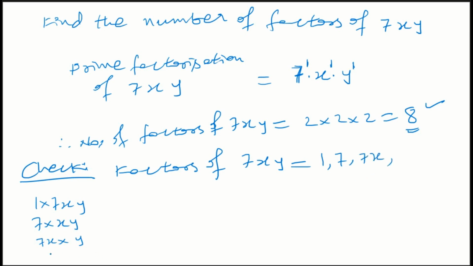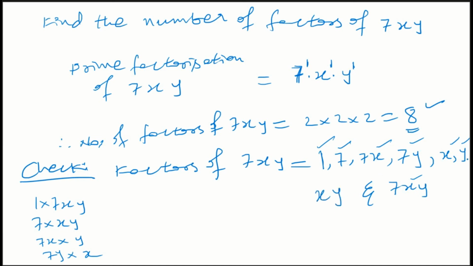I can write this as 7y into x, so 7y becomes a factor and x becomes a factor and y becomes a factor. At last 7xy becomes a factor. So we have 1, 7, 7x, 7y, x, y, 7xy. Total 1, 2, 3, 4, 5, 6, 7. And where is the one more missing? xy is also a factor.